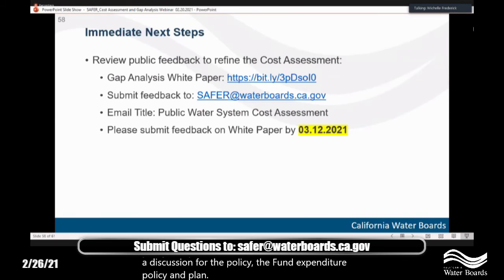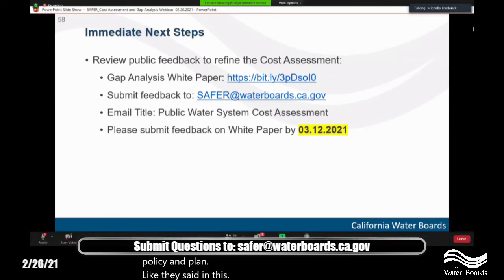In this analysis, we're really honing in on what our current policy and plans are, using those as the basis of our assumptions. So if you're looking to make changes to those fundamental assumptions, the place for that is really at the fund expenditure plan and policy level. Then when we come back and do revisions of the needs assessment, we will change those assumptions based on those other changes.